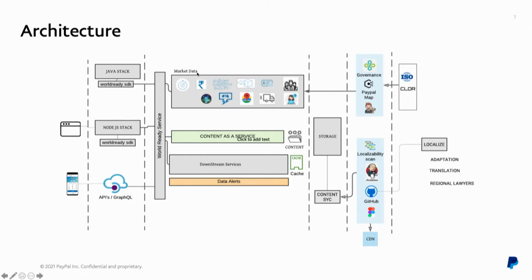The next layer over there is content as a service. Think of it as a headless CMS, similar to what Contentful provides. All the content for all the applications within PayPal is served via this content as a service API. I draw your attention to the bottom right. What happens in PayPal is that when we start a new application, new project, or new initiative, we do an in-a-box setup where the content designer, application developer, legal, and UX all come together.